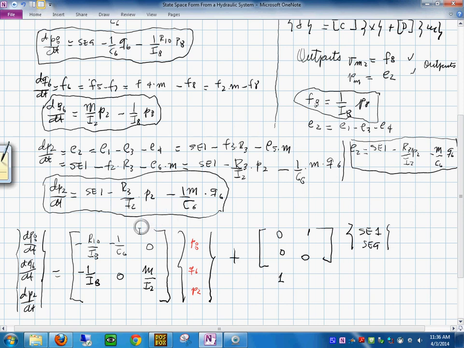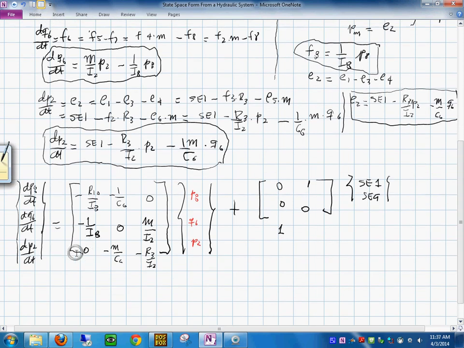And then you have Q sub 6, so P sub 8 is 0, and Q sub 6 would be minus M over C sub 6, and then this would be minus R sub 3 over I sub 2. And so this is your matrix A, and this is your matrix B.